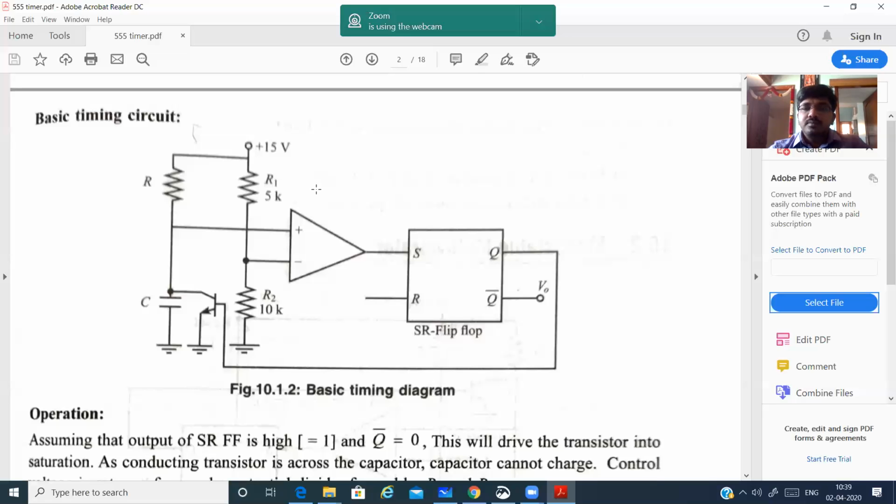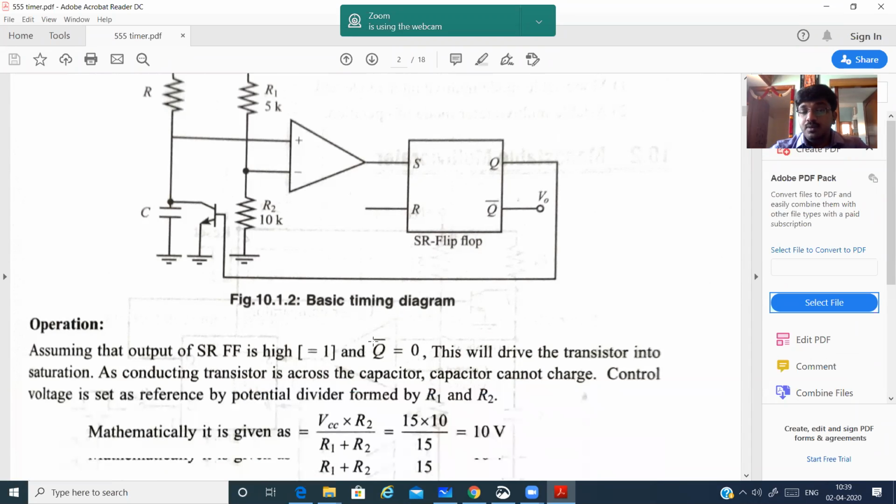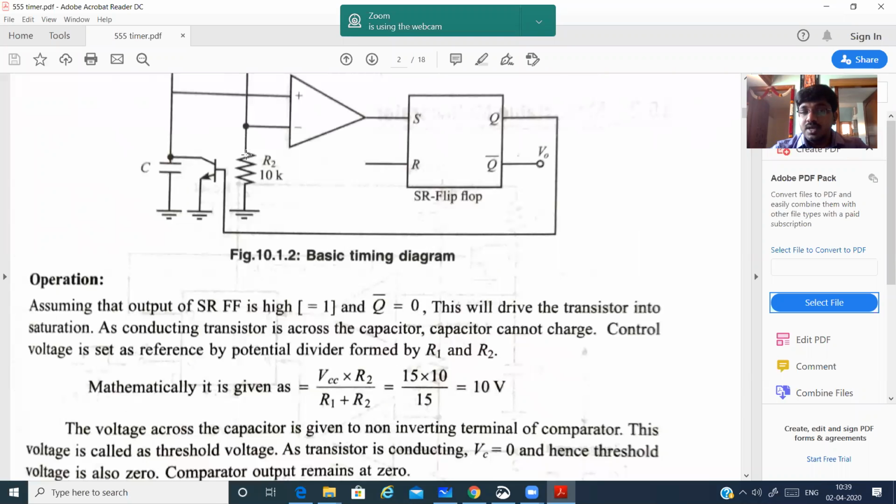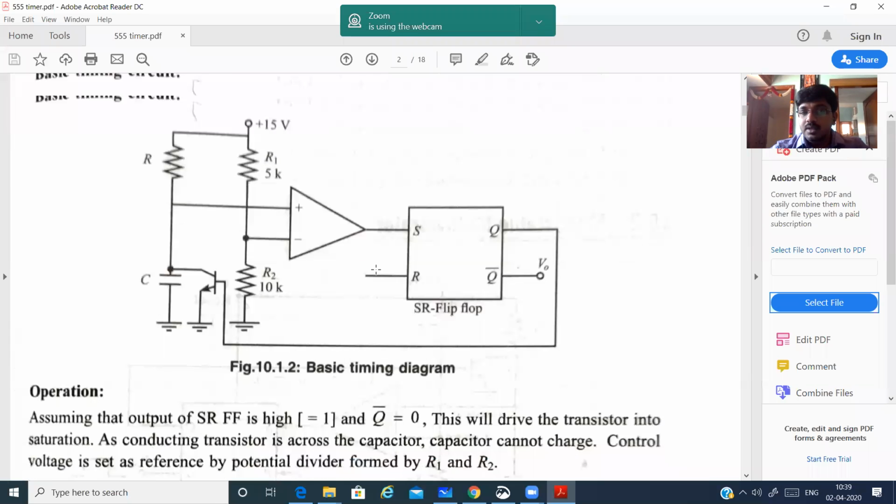Here the op amp's non-inverting terminal is connected to this one, and the inverting terminal is connected to this one. We came to know from the voltage divider rule that the voltage across R2 is 10 volt. That means the voltage at this point will also be 10 volts. So obviously the voltage across this will be 10 volt.